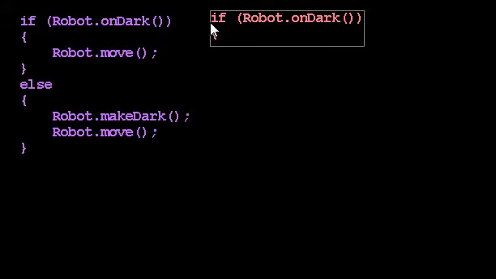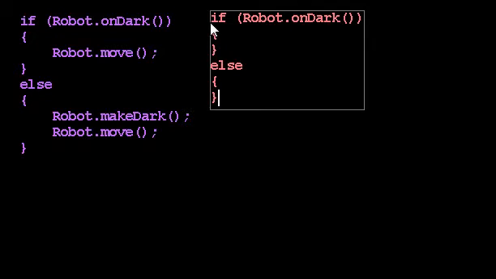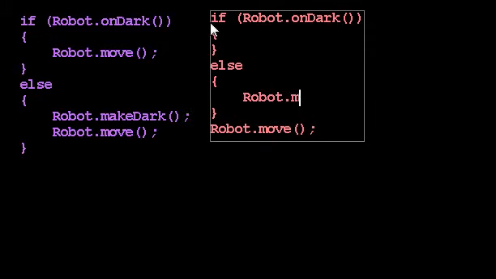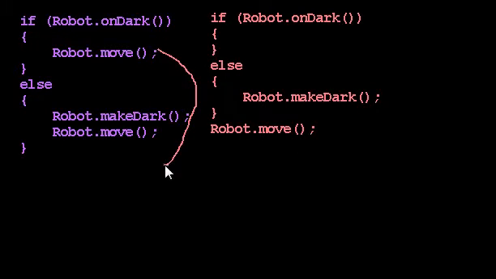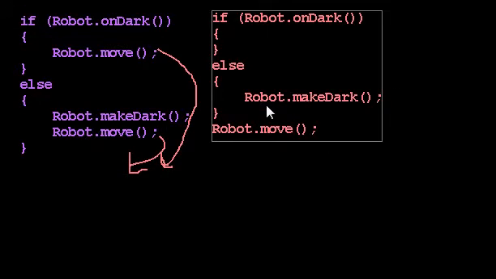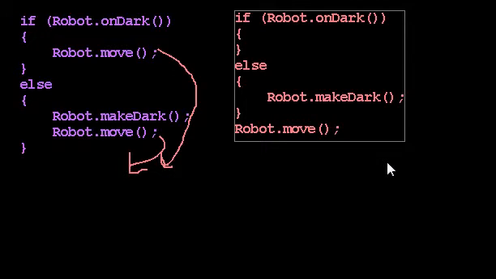If the robot's on dark, just keep the non-moving parts, and we'll move afterwards, after the if. So we'll just make dark. So this is what it looks like to take the moves and pull them out of the if, since moving does not depend on testing whether we're on dark. Okay, we still want to be careful when we use that trick, but it will come in handy a number of times.